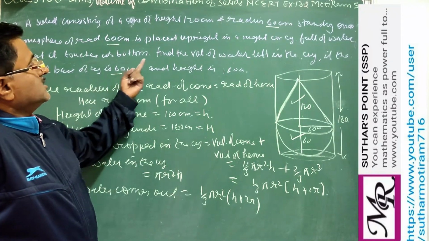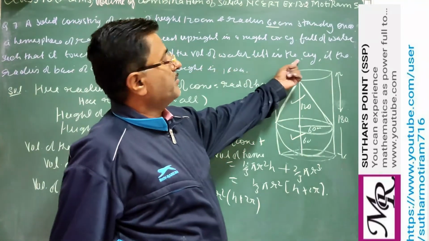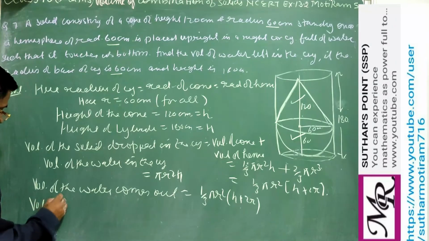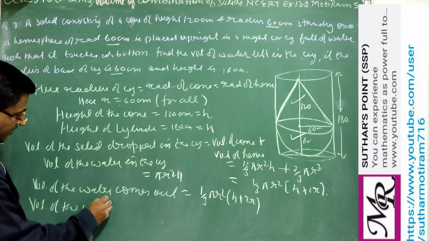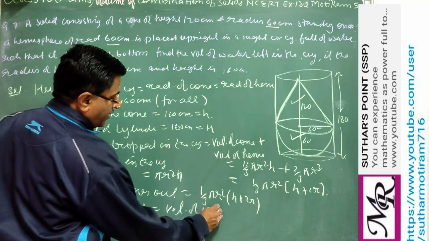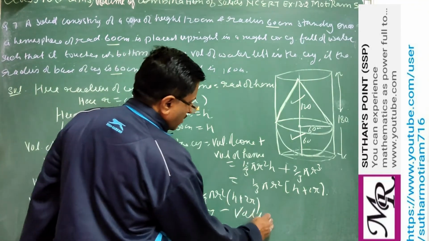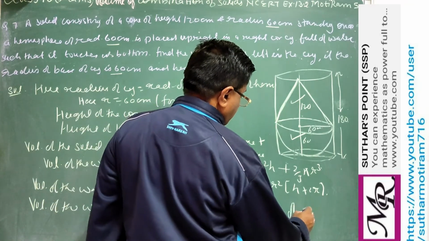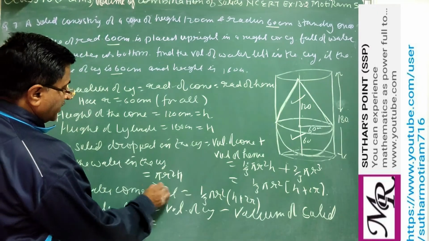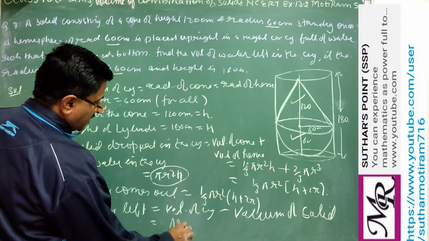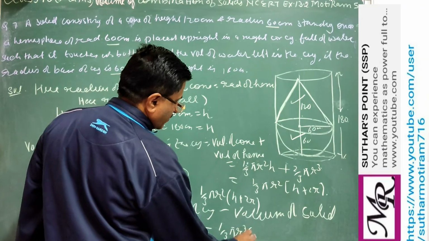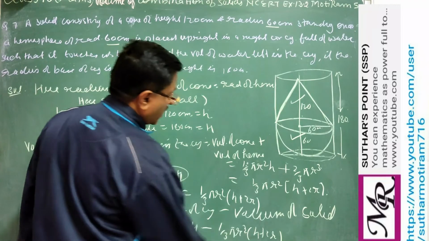Now the question says find the volume of water left in the cylinder. So the volume of water left is equal to the volume of the cylinder minus the volume of the solid. So the volume of the cylinder is pi r square H, minus 1 by 3 pi r square (h plus 2r).